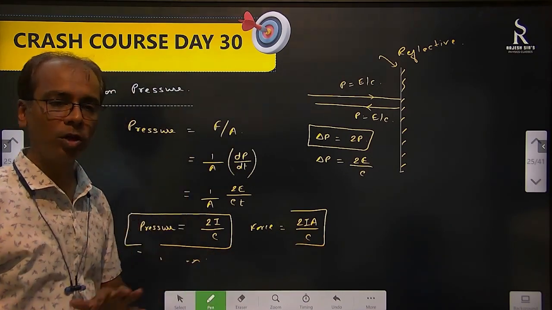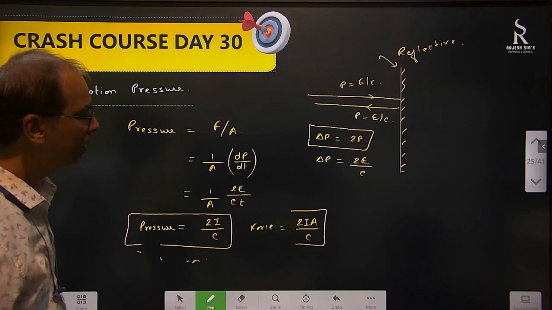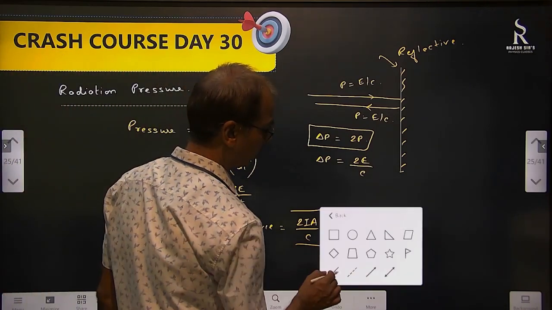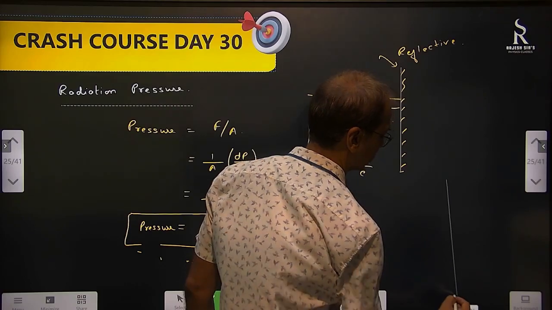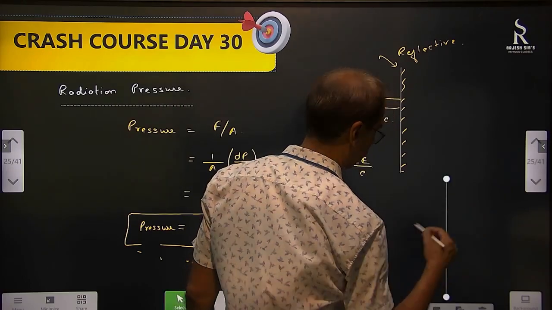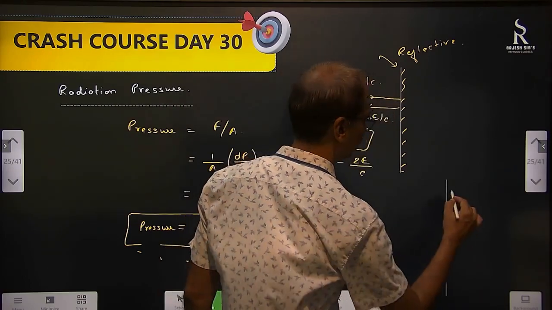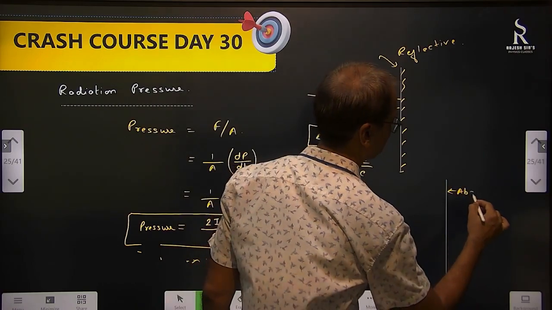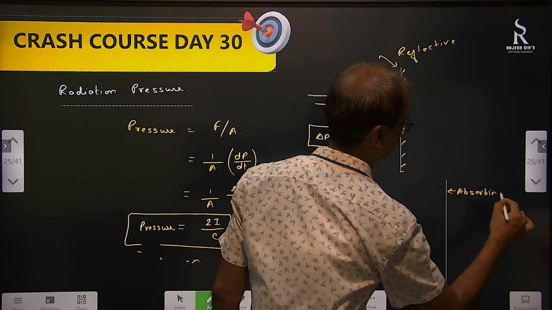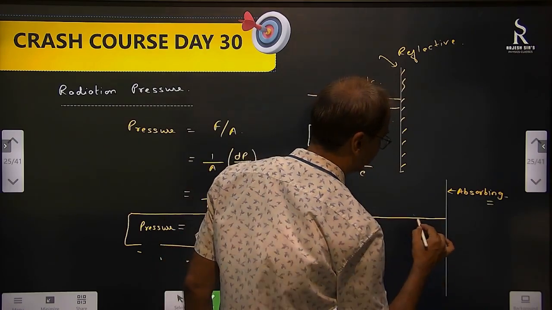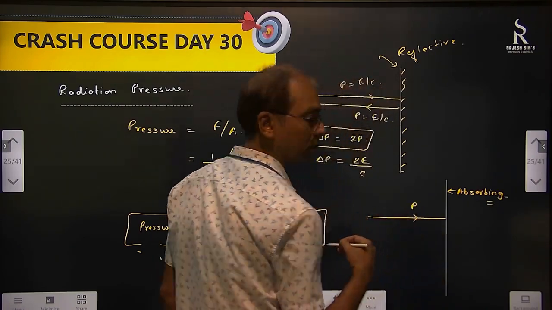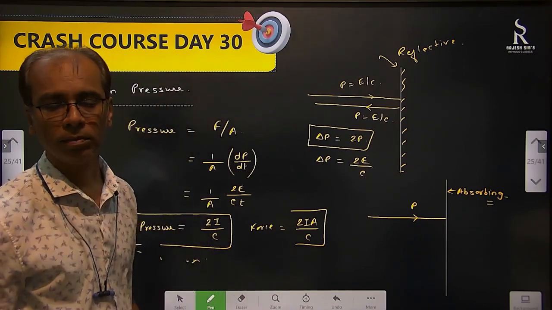Now if a pure absorbing surface is there, what will happen? Let's see. Okay, this is an absorbing surface. So here, this is the momentum of the wave coming, but it is absorbed.